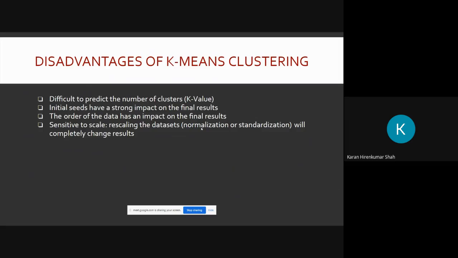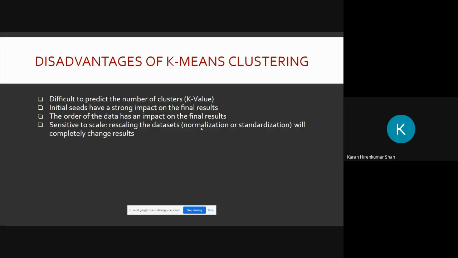Next slide, please. Disadvantages of k-means clustering. First, it is difficult to predict the number of clusters in the beginning, which is called the k value. Second, initial seeds have a strong impact on the final result.